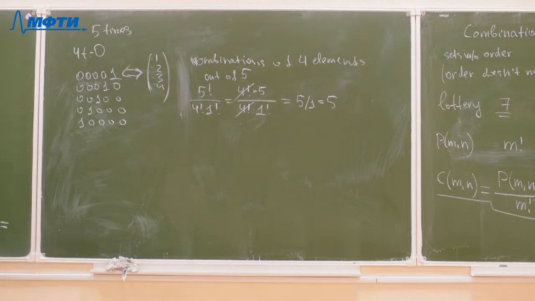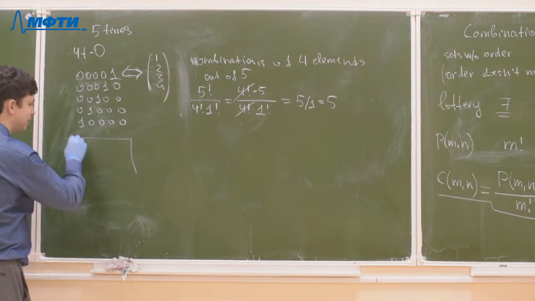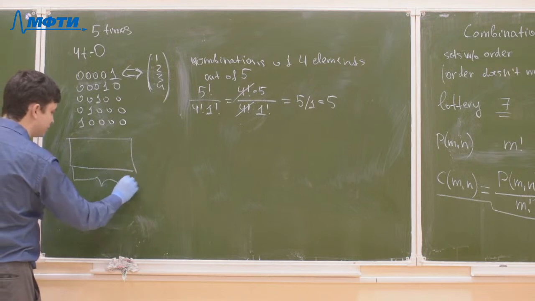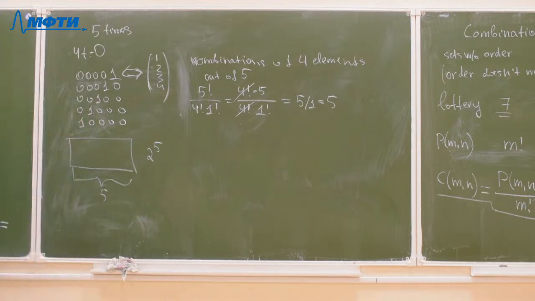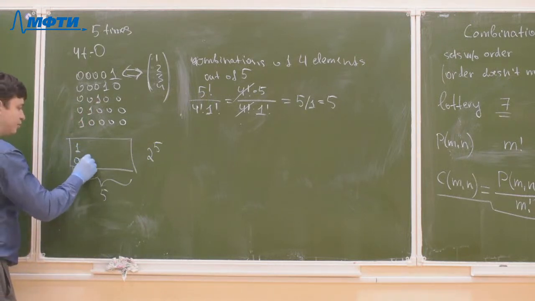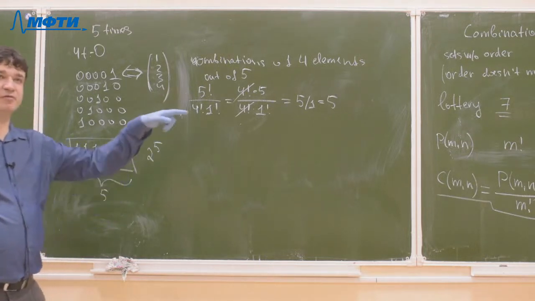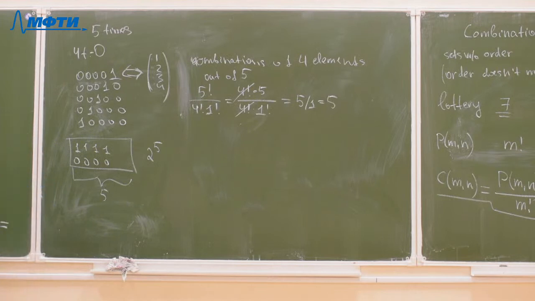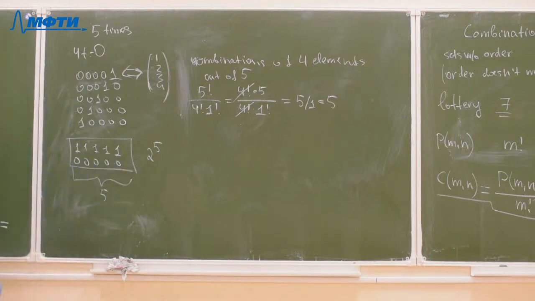Okay, so now we go on to the calculation of probability. The total number of sequences of zeros and ones composed of 5 symbols is equal to 2 to the power of 5, because we can have 0 or 1 at each of 5 positions. Remember that we previously calculated 3 to the power of n as the number of words which can be composed out of 3 letters; we now have 2 letters and 5 symbols.